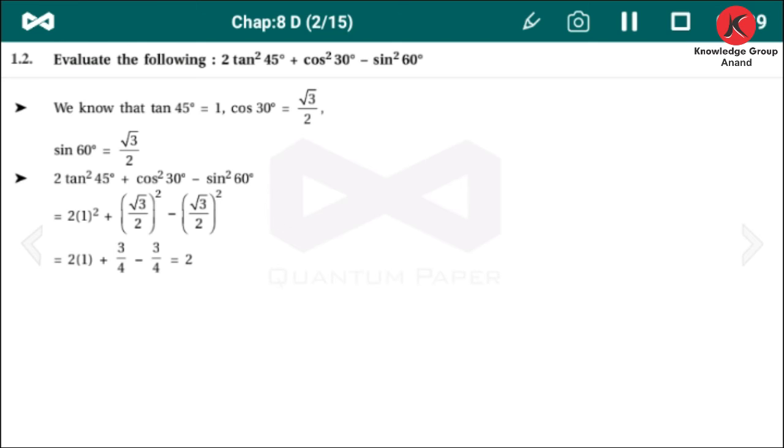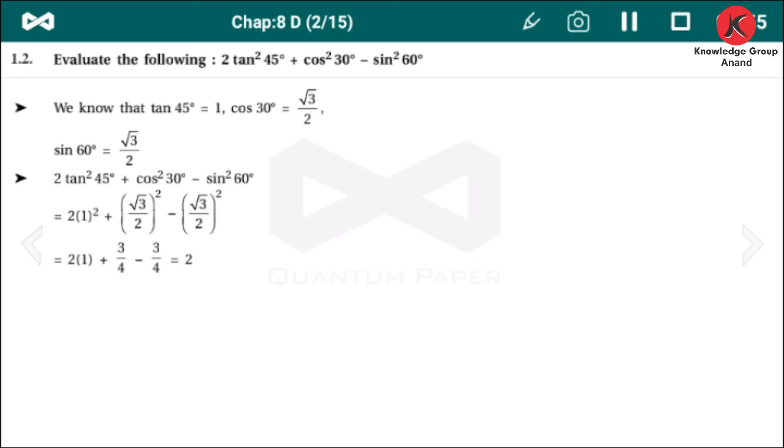Now, question number 2 of question 1. Evaluate the following: 2 tan square 45 degrees plus cos square 30 degrees minus sin square 60 degrees. We know tan 45 is equal to 1, cos 30 is equal to root 3 by 2, and sin 60 is also root 3 by 2.